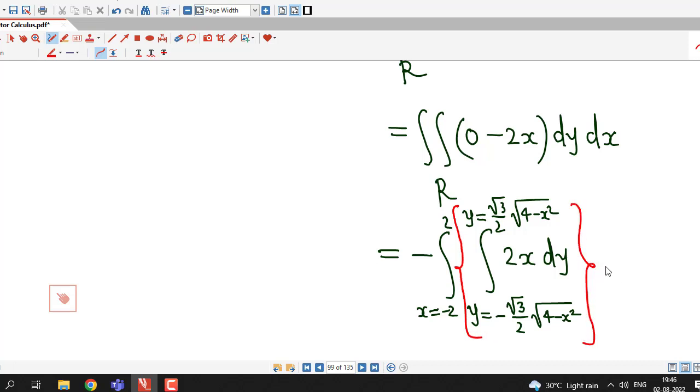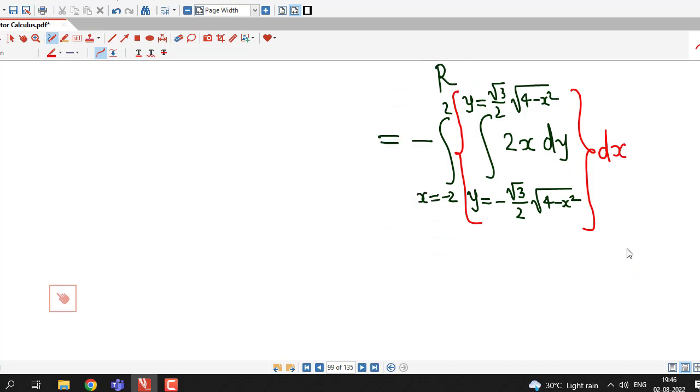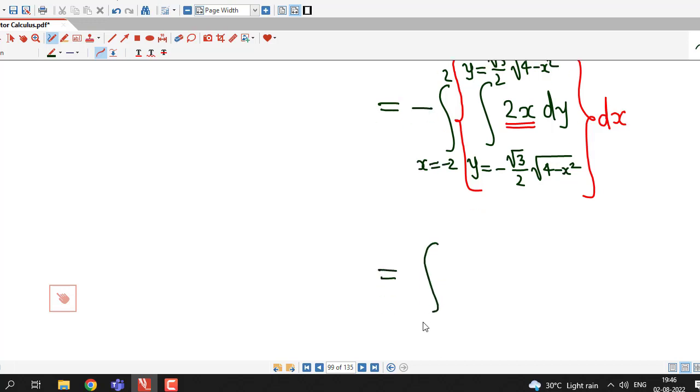So here outside I write integral with respect to x. Now here integral is with respect to y, so x is constant, and therefore x is from minus 2 to 2, 2x as it is.